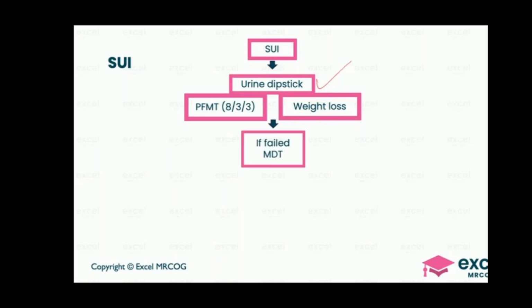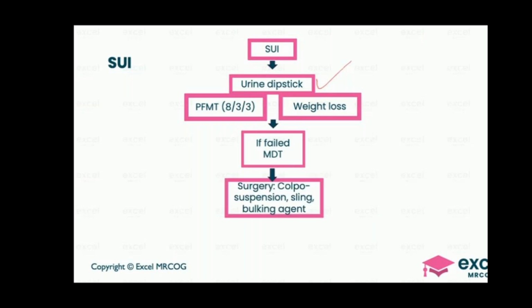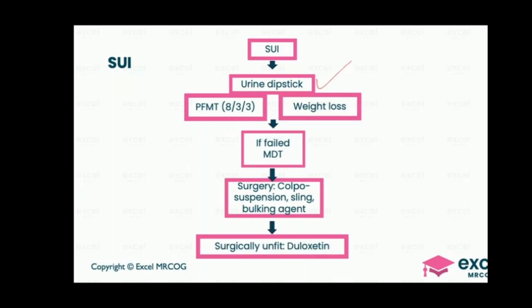Weight loss. If that fails, MDT. If that fails, surgery: colposuspension, sling, bulking agents. And if that fails or she's unfit, duloxetine. This is the flow for SUI. Is this very clear? Any questions?